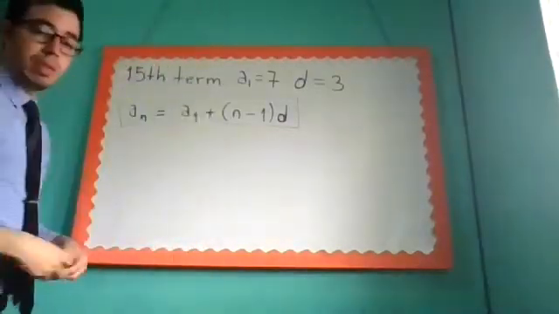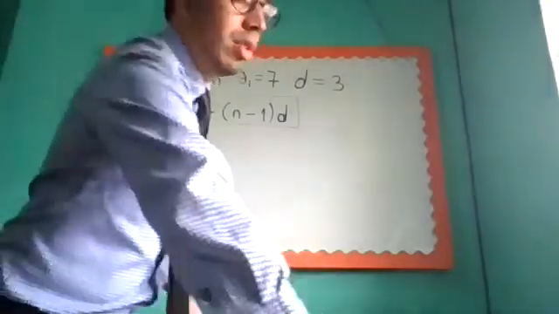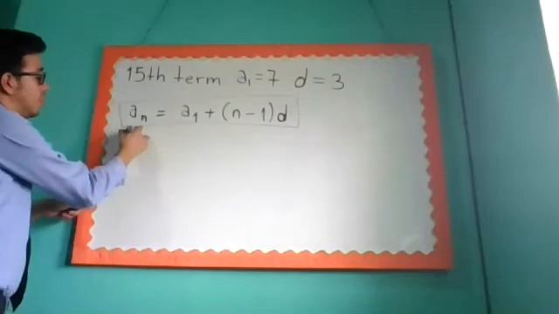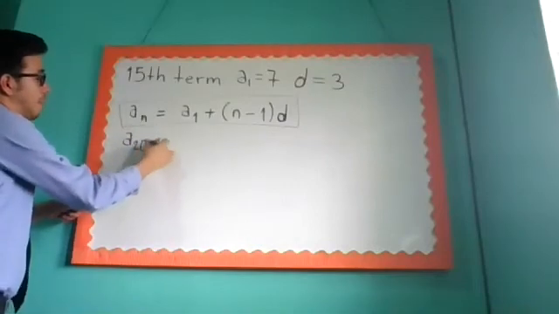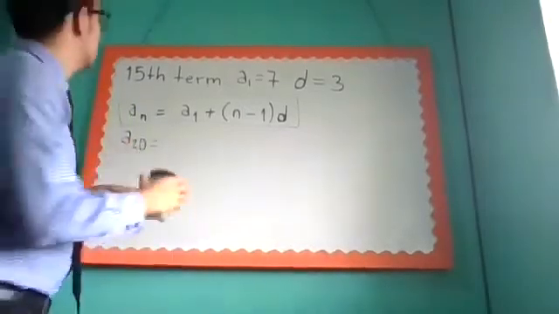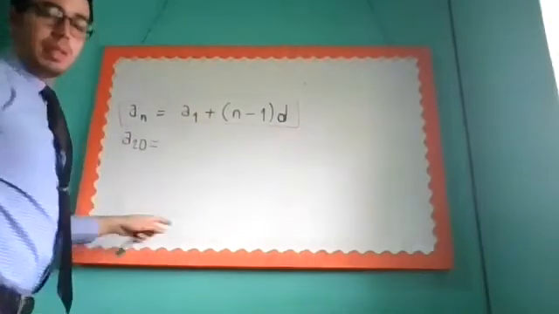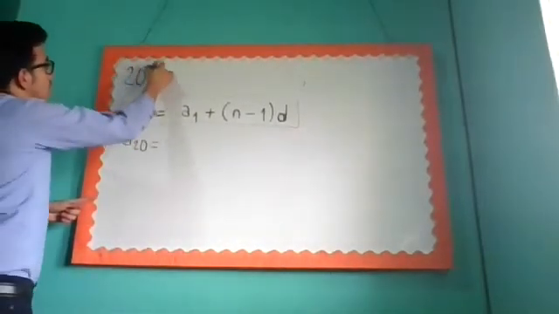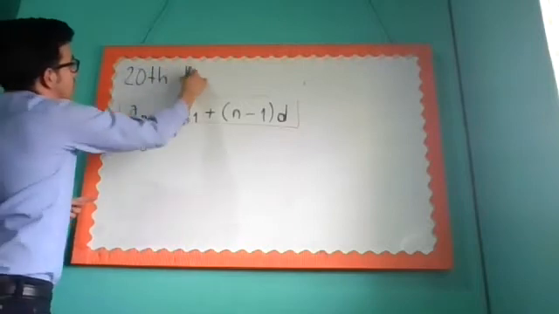So we need to find, I'm going to use the black marker, A sub 20. I'm going to change this. Remember, this is not the same. Now we need to find the 20th term.